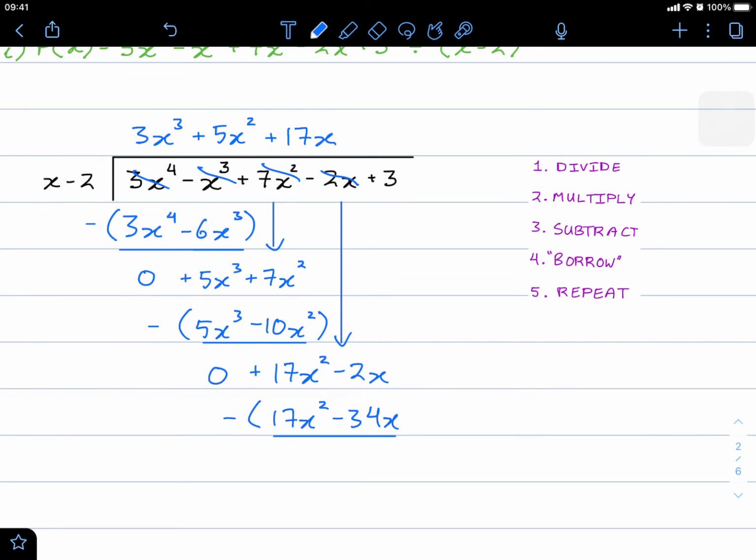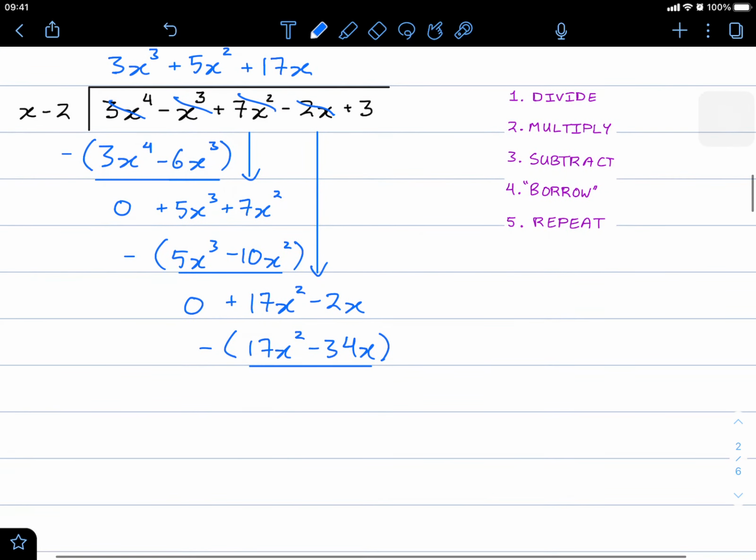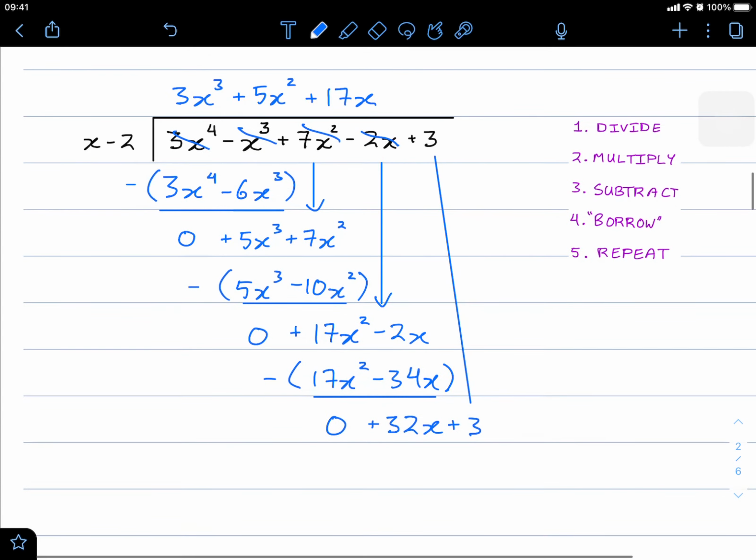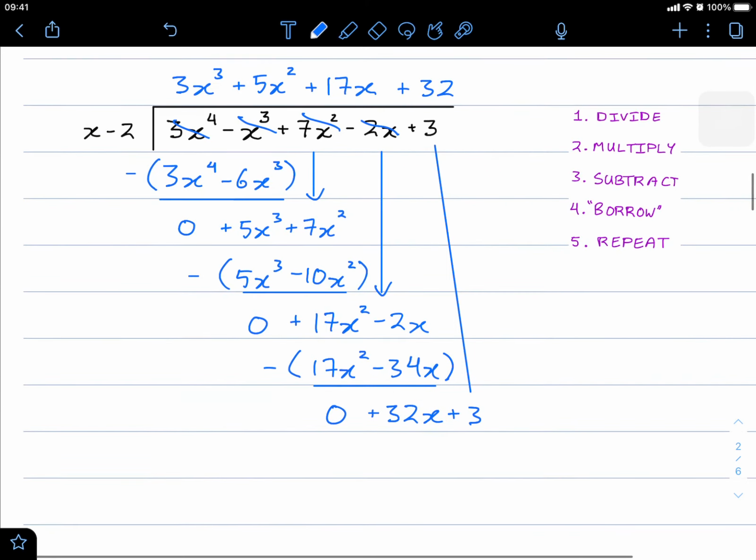Subtracting, it'll become 0. Negative 2x minus negative 34x, that's going to be positive 32x. We borrow that 3 down and we repeat. 32x divided by x is going to be 32.